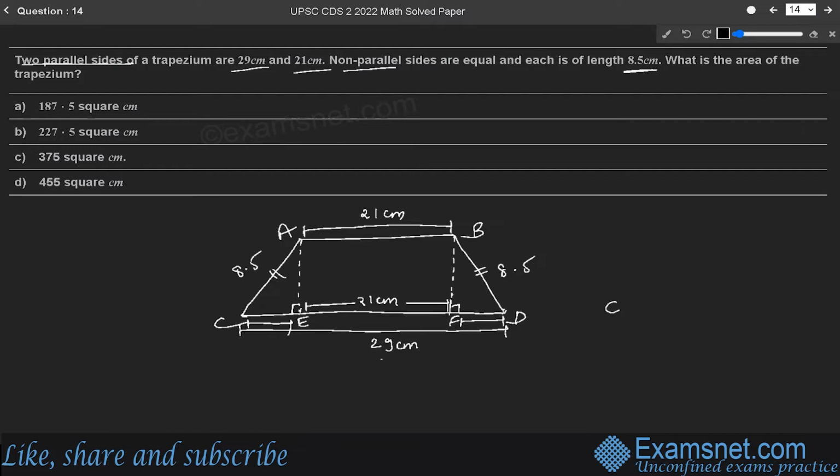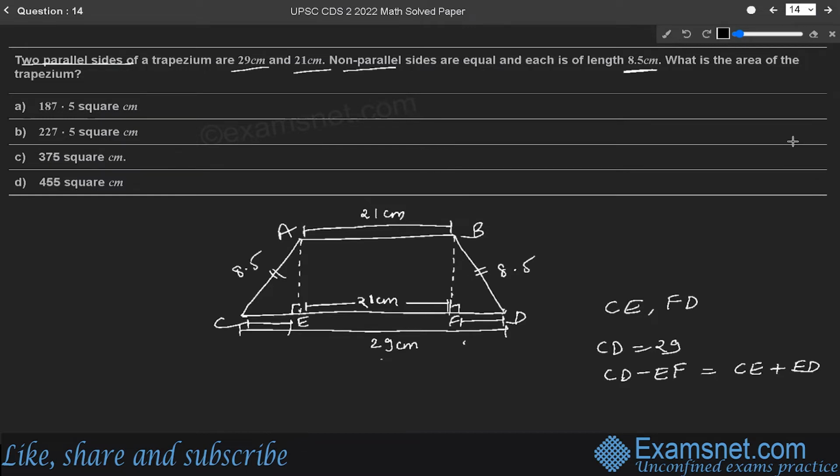So to find CE and FD, you can see that CD is equal to 29. So CD minus EF is CE plus FD. We have to subtract this 21 from 29.